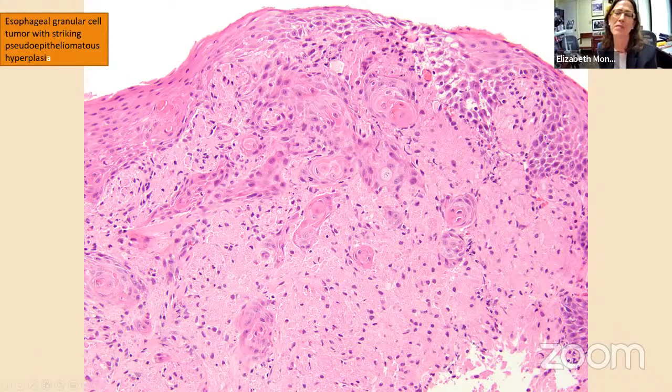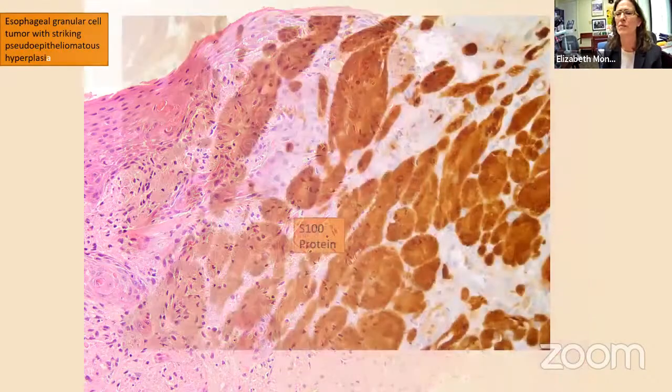And epithelioma was the old word for carcinoma. So you could also call it pseudocarcinomatous hyperplasia. A clue that this is fake is that it's very easy to see the intercellular bridges in this hyperplastic stuff. And you usually can't see them so well in carcinomas. But of course, if you spot the granular cell tumor, that's your clue to back off.